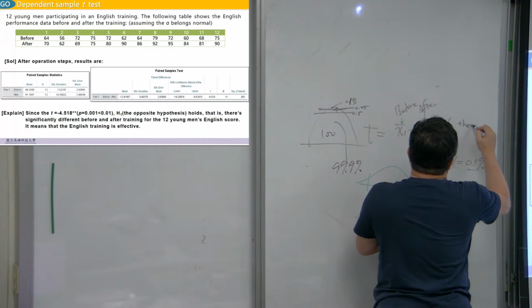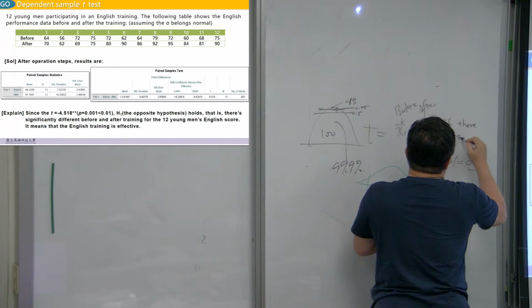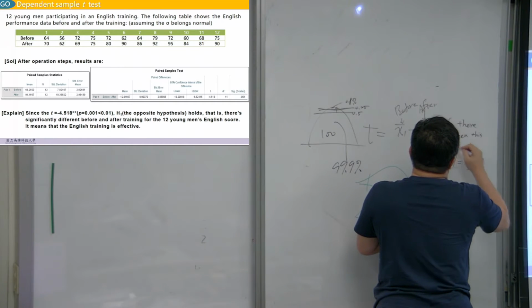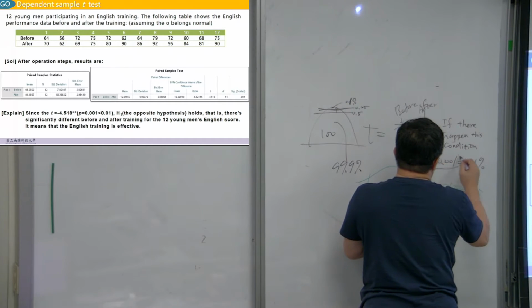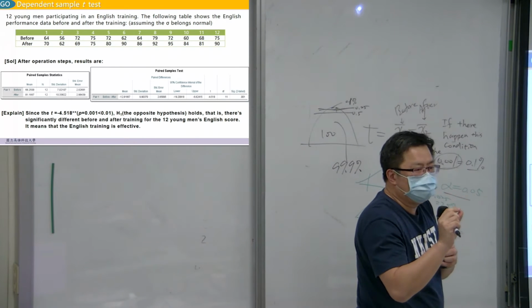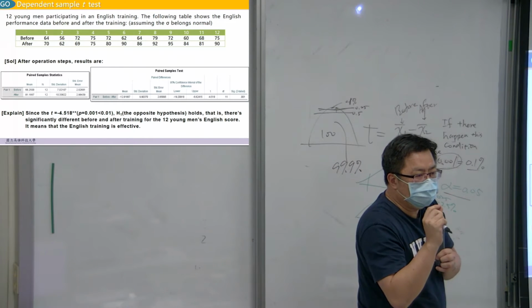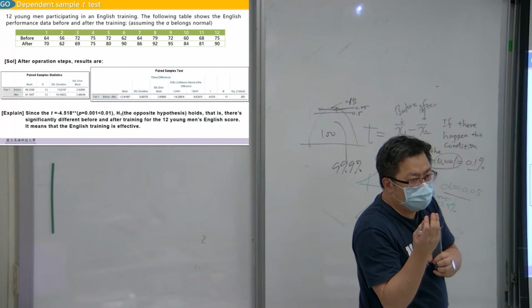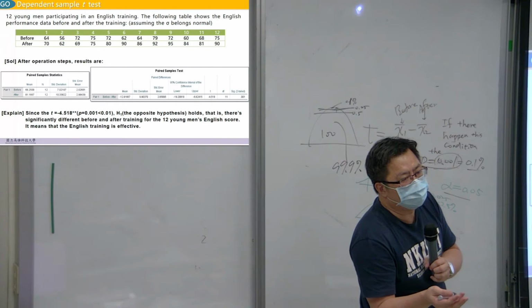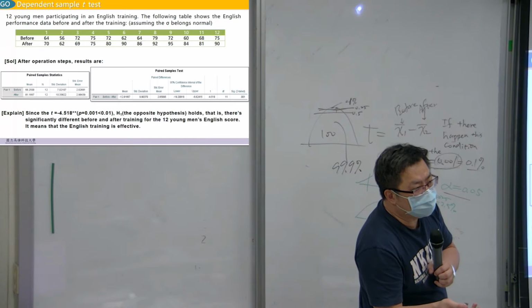The probability is very, very small, but it happened. That means what? That means it is really significant. You understand?